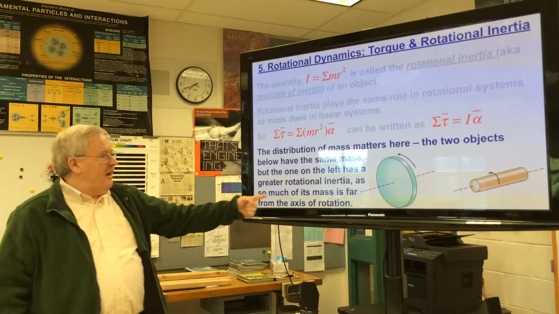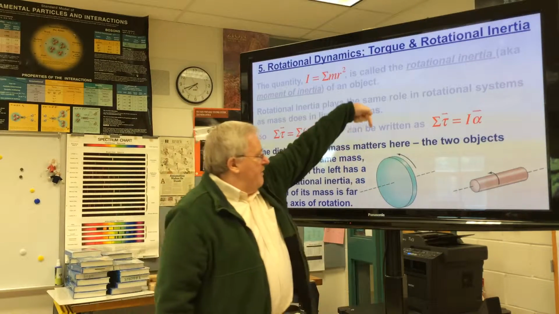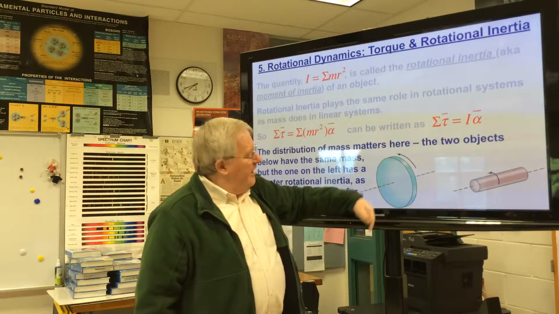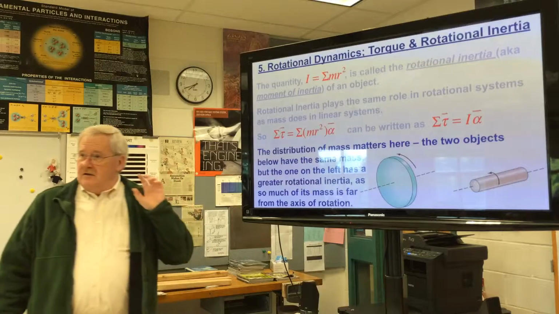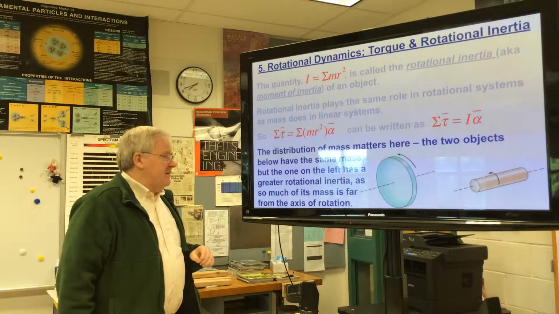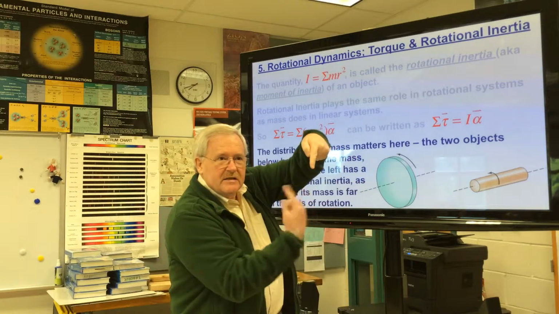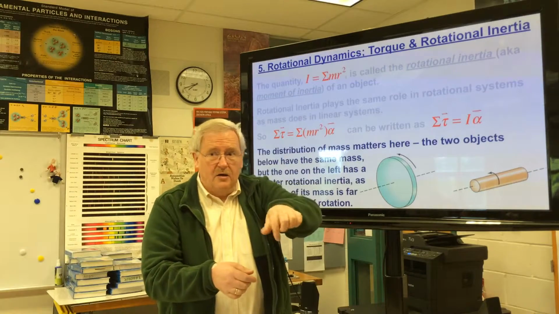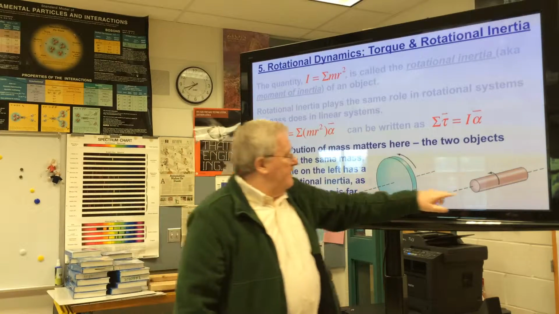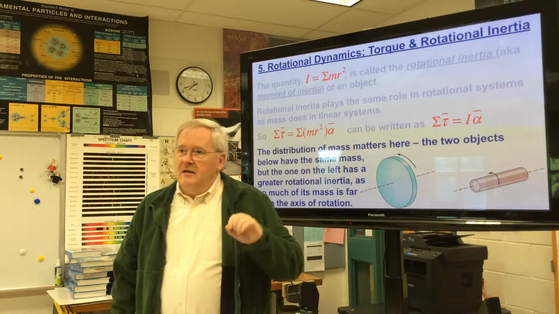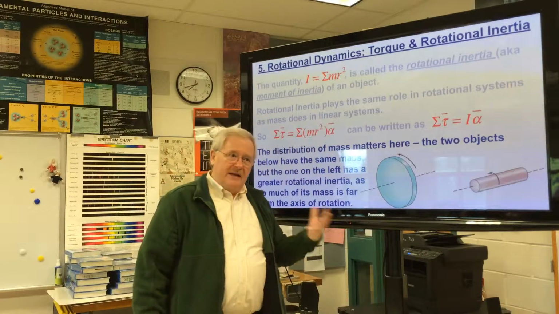The reason being, around this axis at least, it clearly has a greater rotational inertia. You could imagine an axis like this, and then we'd have to do the calculations to see which one had the greatest rotational inertia around that particular axis. Do you follow what I'm saying? You could have an axis down through here and be spinning it, like spinning a coin on top of a desktop. Exactly which one has the greater moment of inertia would depend on the exact geometry, and we'd have to calculate that.